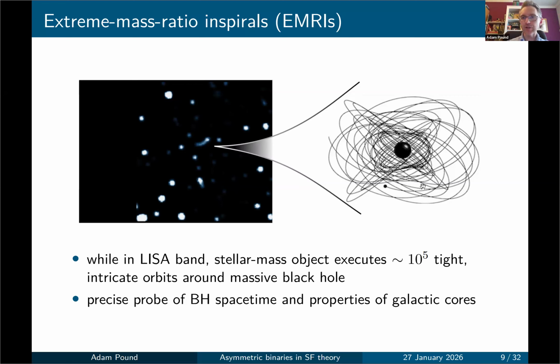And in that tiny region, very close to the big black hole, the object orbiting around, which will be probably a smaller black hole, but it could also be a neutron star, will execute, say, 100,000 very tight, intricate orbits right around the massive black hole. And because of that, the smaller stellar mass object that's zipping around maps out a very precise picture of the space-time right around the big black hole and other properties of galactic cores. So it's acting as a very, very precise probe.